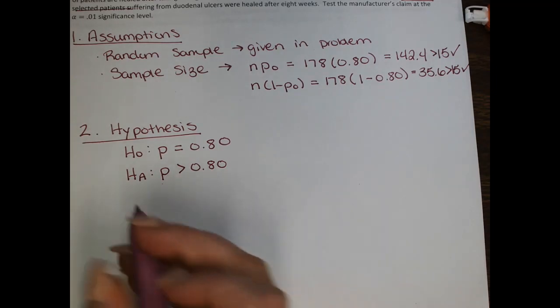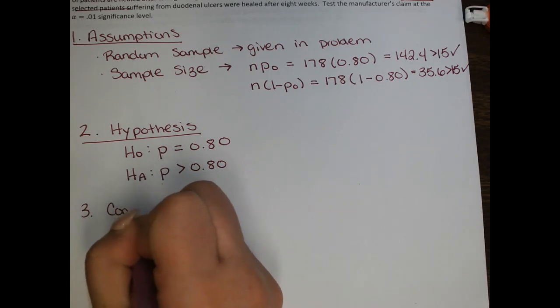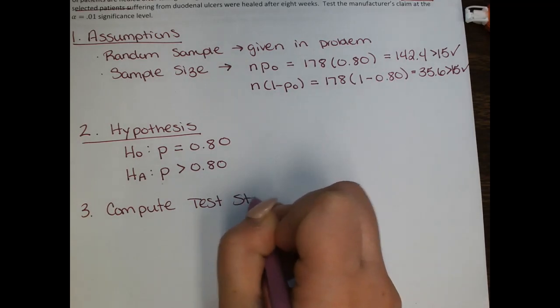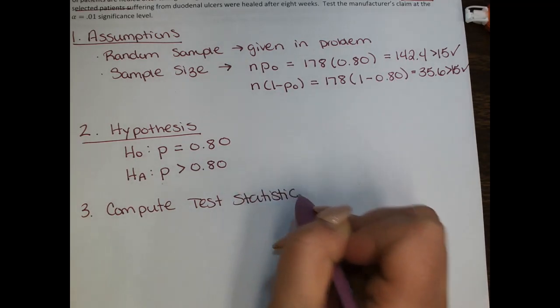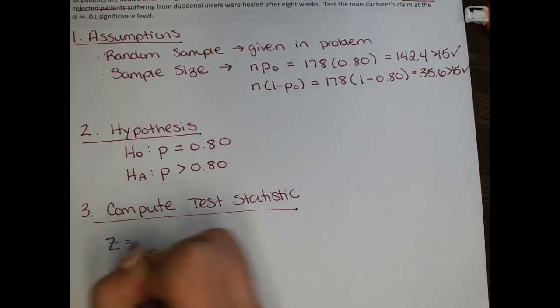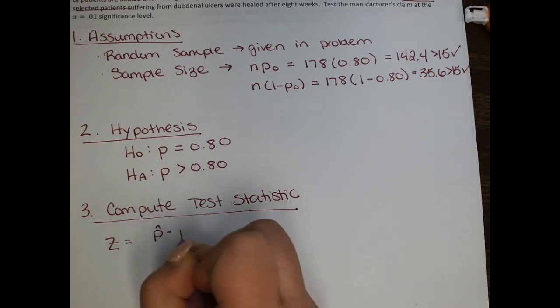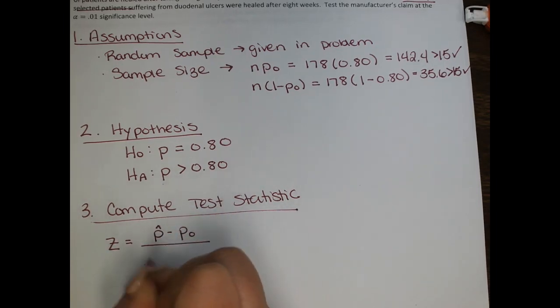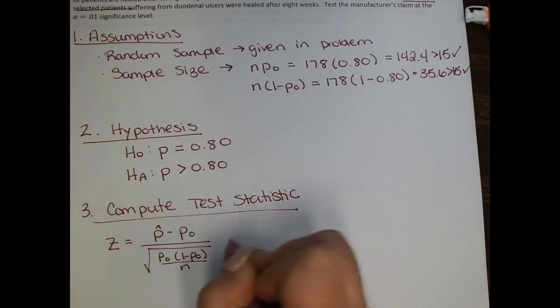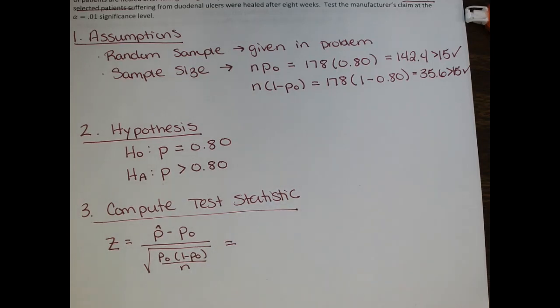In step 3, we're going to compute our test statistic. So the very first thing I'm going to do is write down my formula. Now we've already identified P naught and N, so the last thing we need is P hat. Well, P hat is the sample proportion, very similar to when you worked with confidence intervals.